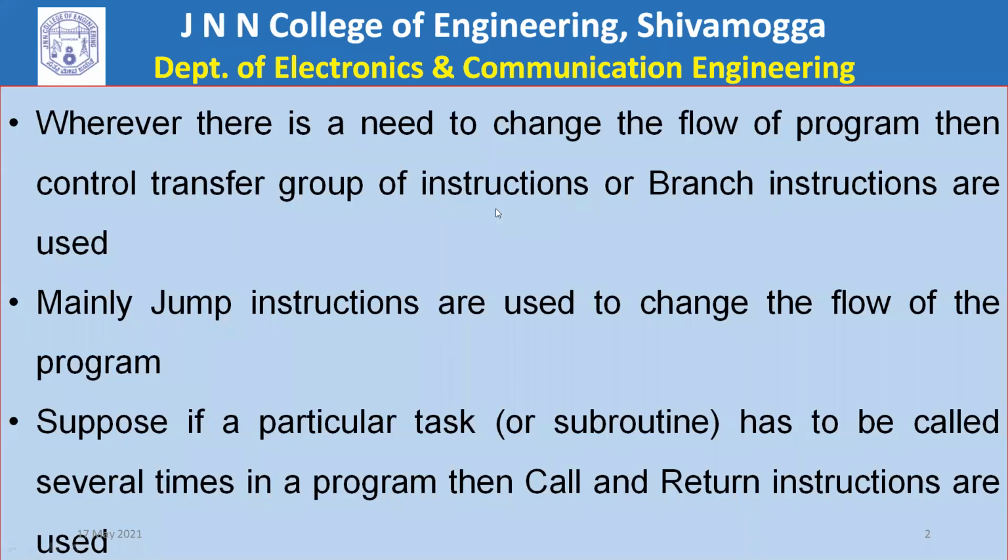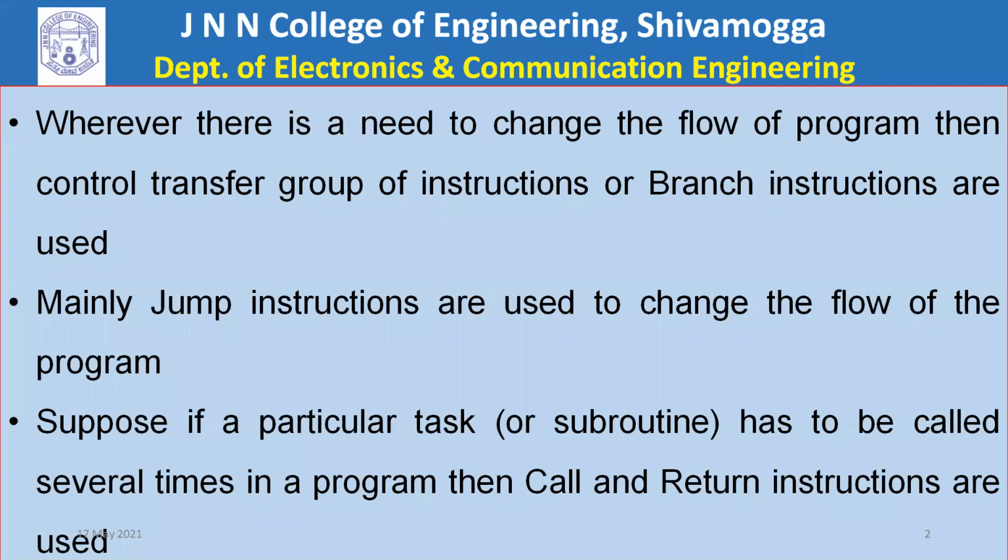Whenever there is a need to change the flow of the program, then control transfer group of instructions or branch instructions are used. All of you know that the program executes instruction by instruction in a sequence. But at some point of time, you do not want to execute the instructions in a sequence.